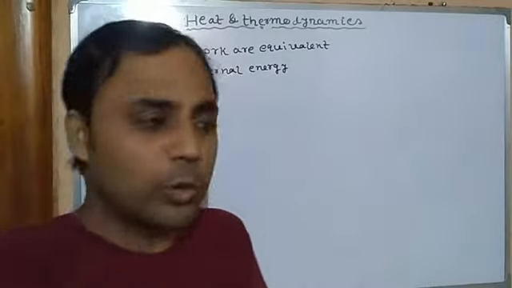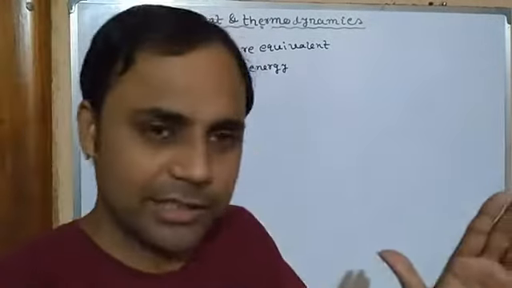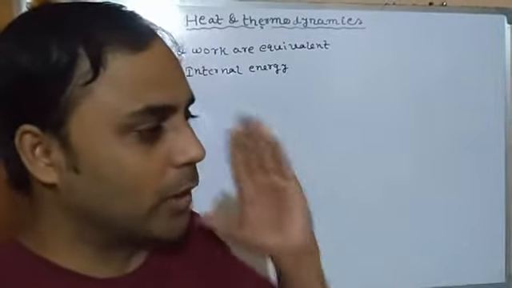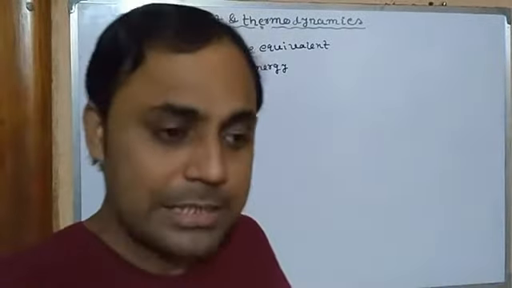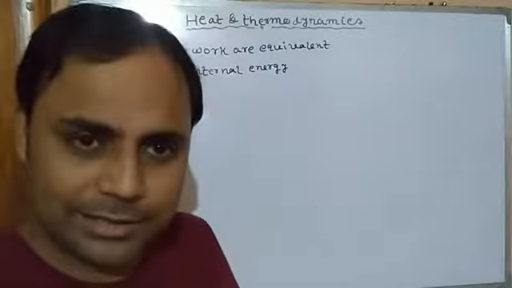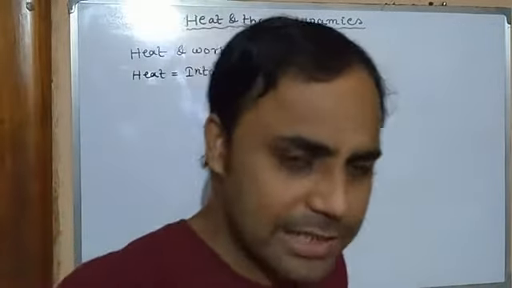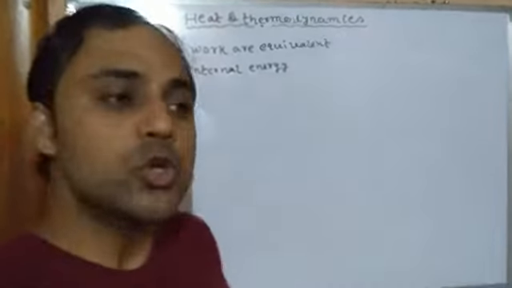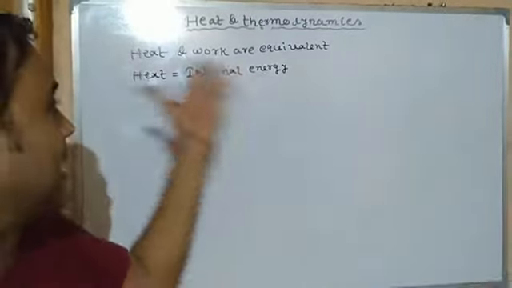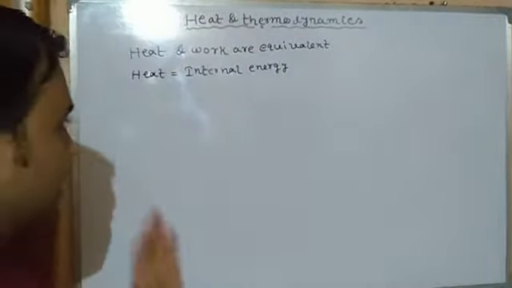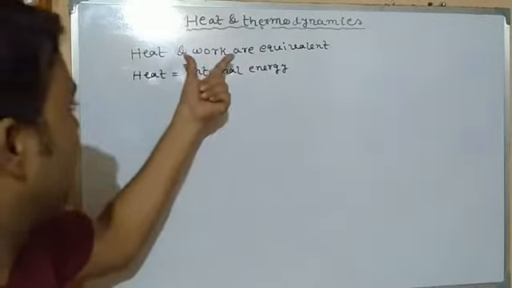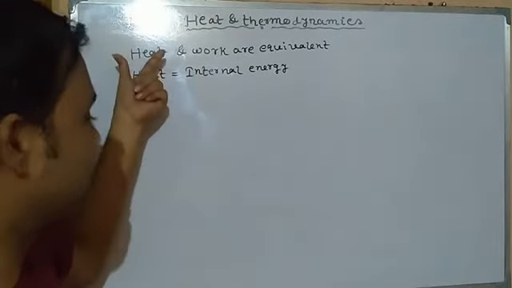In previous cases we used heat energy, and by using heat energy so many works were done. But here by doing some work, heat is produced. So that's why generally heat and work are called equivalent. It means in the first cases we see that to do some work, some heat is required.